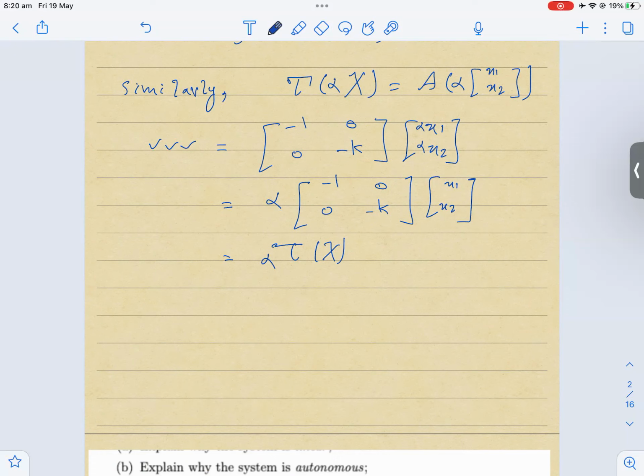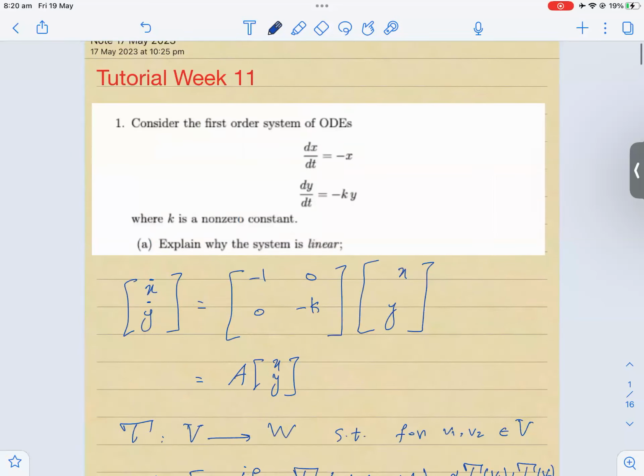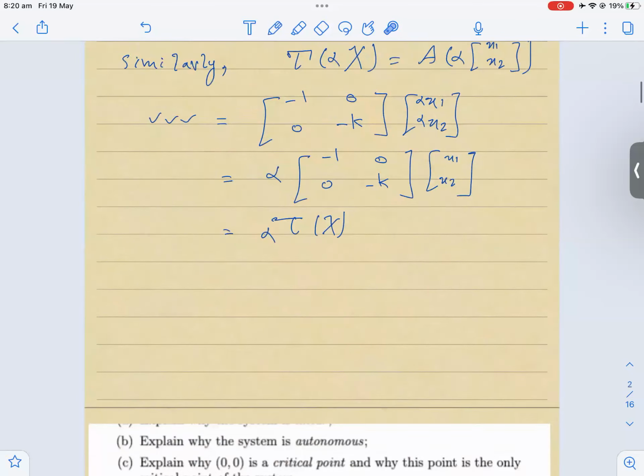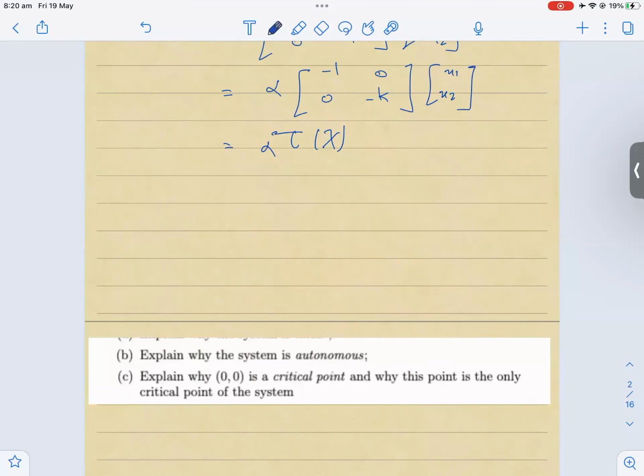So the solutions x and y constitute a vector space. Another vector space that we have seen is for a y double prime plus b y prime plus c y equals 0, a linear second order equation with constant coefficients.